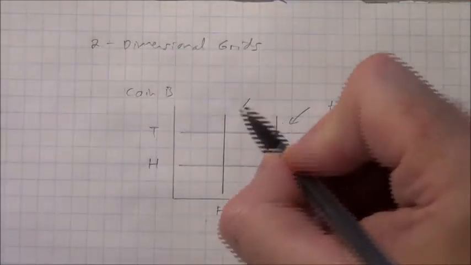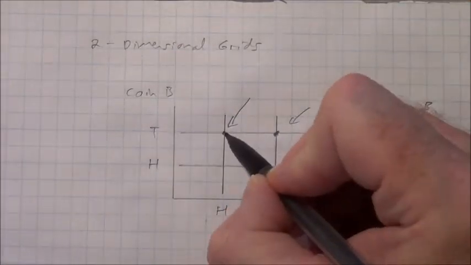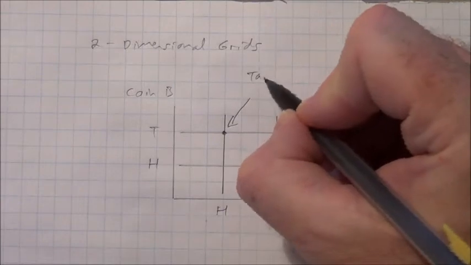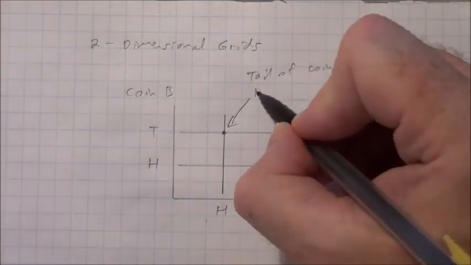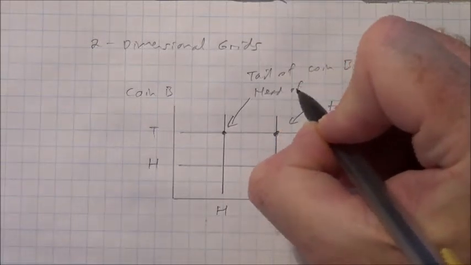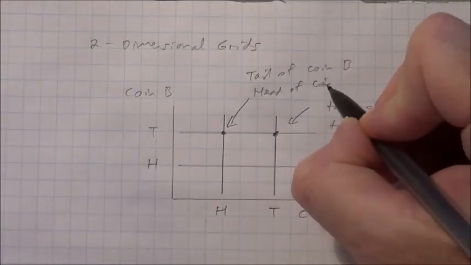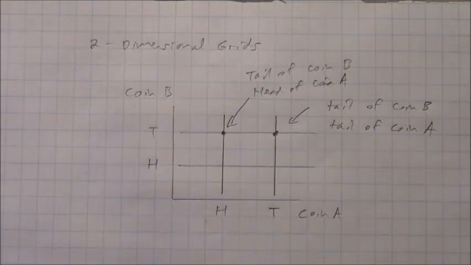We could say here that outcome right here is a tail of coin B and a head of coin A. Okay, so it's just a way of, and then from there we could calculate probabilities.